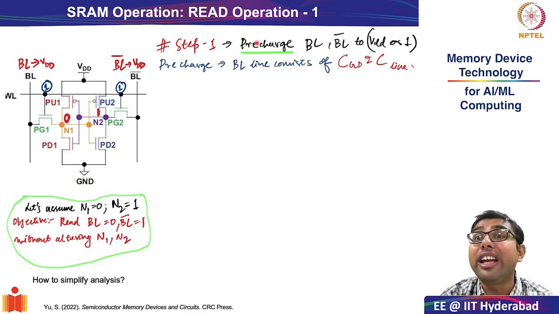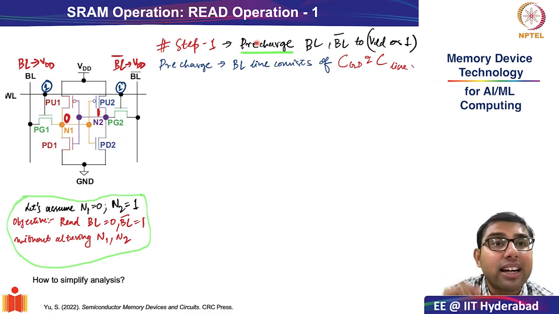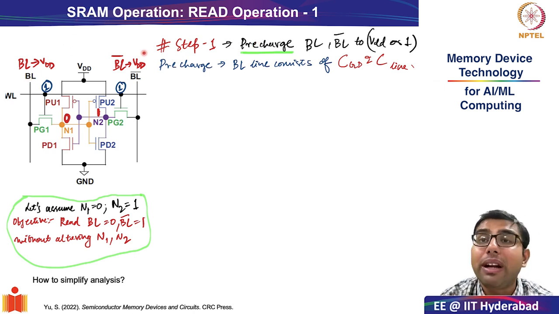And please recall what was the structure of your pre-charge circuitry. We also studied that when we were looking at peripheral design. The structure of your pre-charge circuit was 3 PMOSs. One PMOS which connects VDD to bit line, another PMOS which connects VDD to bit line bar, and another PMOS which connected the bit line with bit line bar to equalize the potential, right?